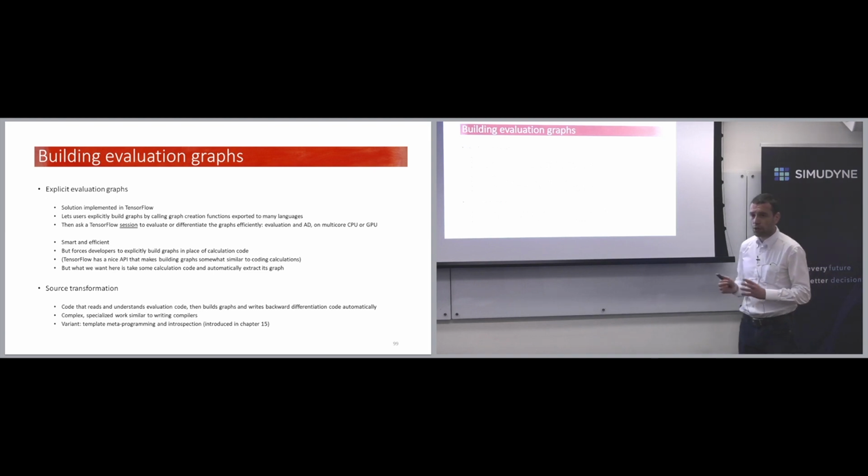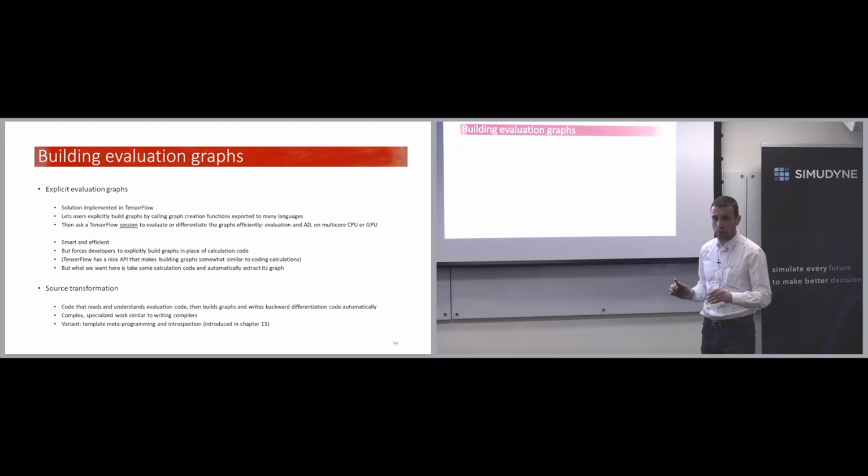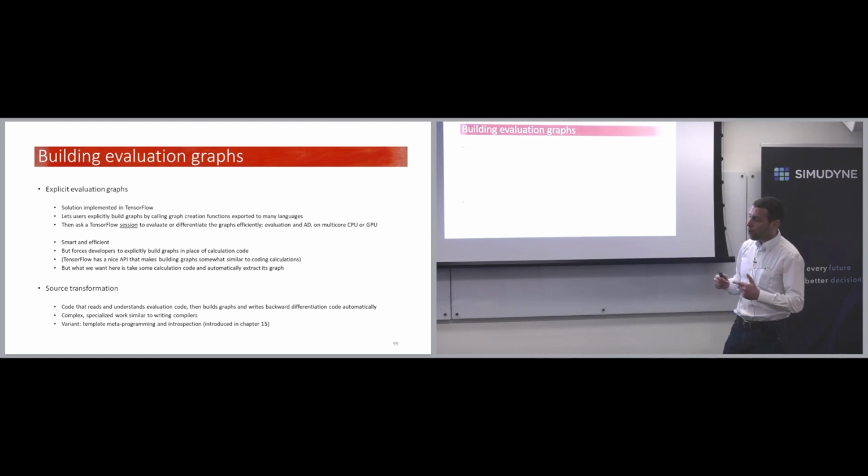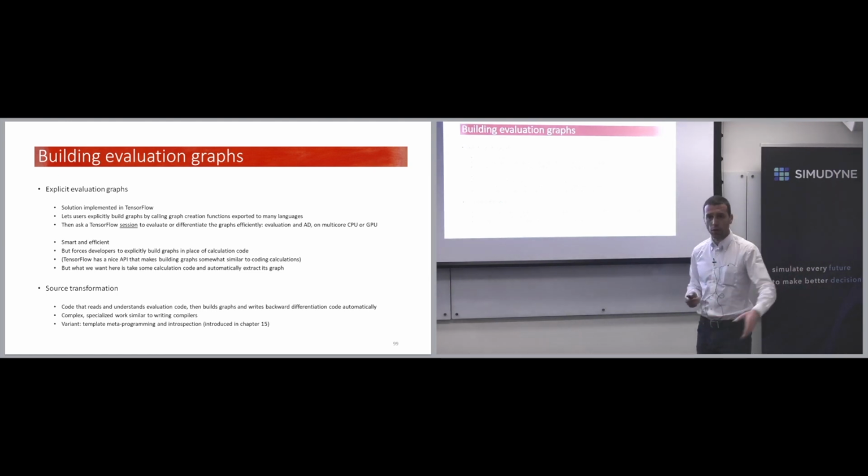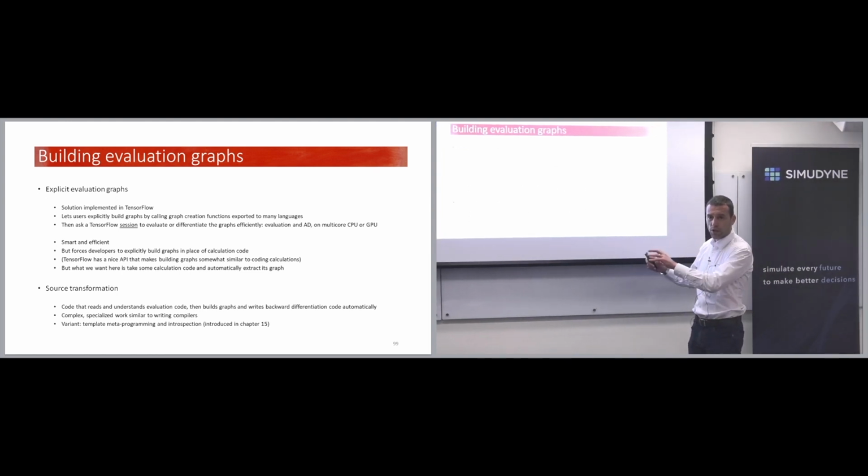TensorFlow exposes a user interface, an API, whereby you can explicitly create nodes and edges. You can explicitly create an evaluation graph in TensorFlow's memory. You say, okay, when I'm going to ask you to run this calculation, you are going to take this matrix, you are going to multiply it by that matrix, then you are going to do that with the result, and so on and so forth.